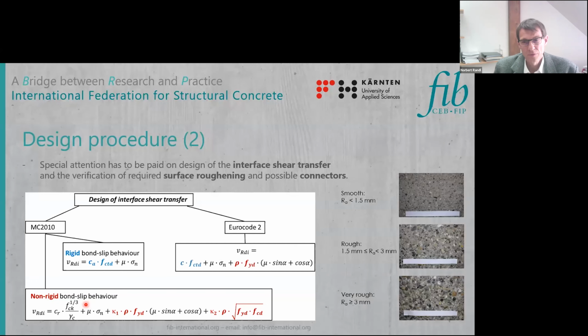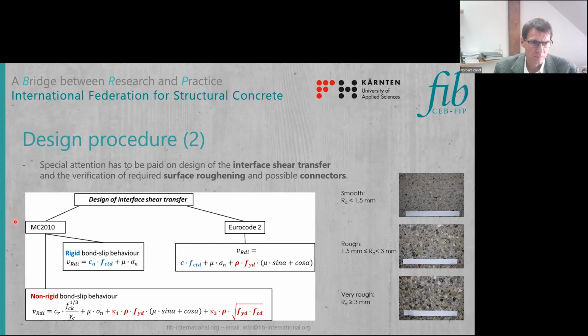And then, of course, the design of the interface shear transfer is a key task in that context. We have to verify what type of surface roughening is required, which category is to be achieved, smooth, rough, very rough, whatever. And then have to check whether connectors are required or not.